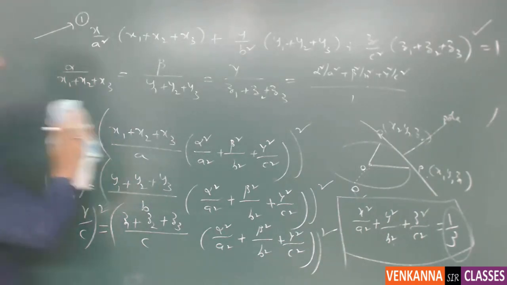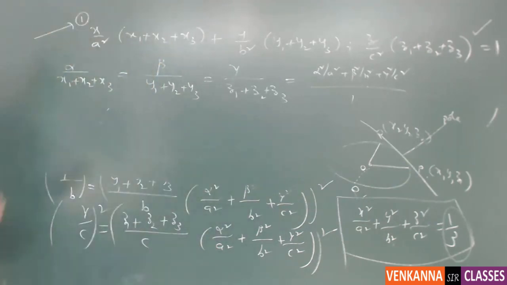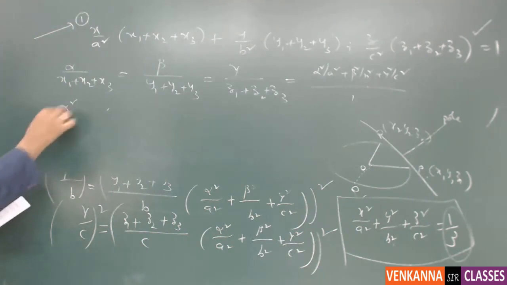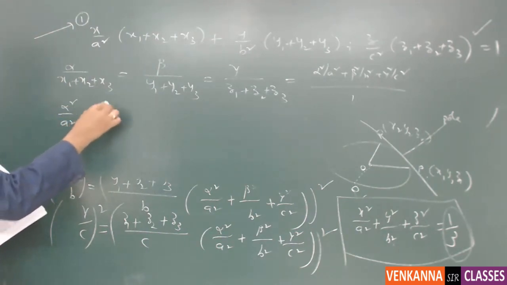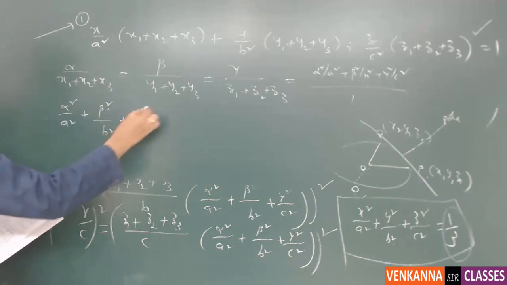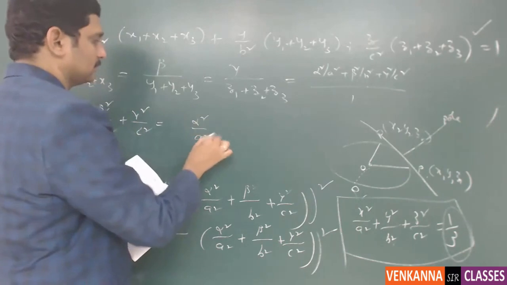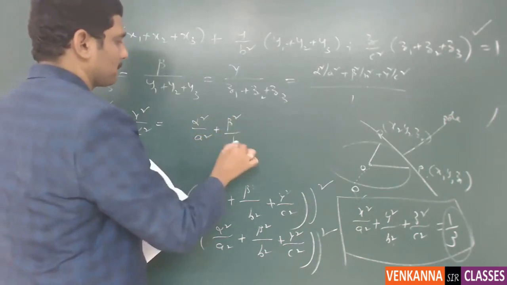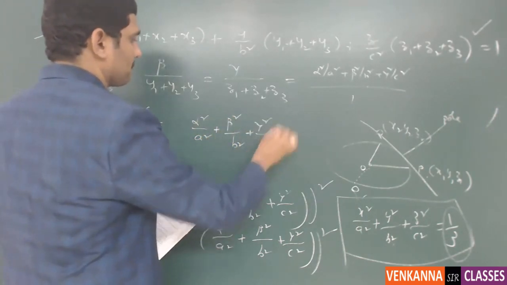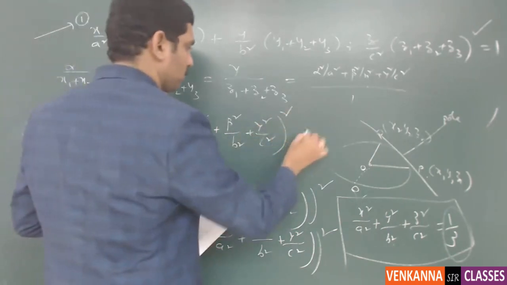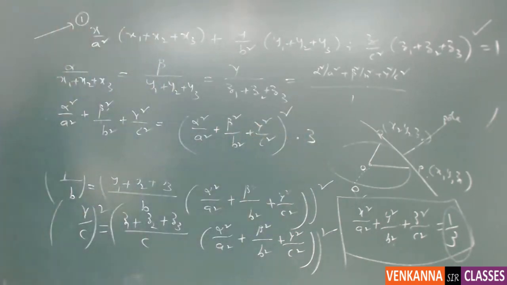So I will say that you will get alpha square by a square plus beta square by b square plus gamma square by c square is equal to whole square into 3. So the square gets cancelled, and the value is nothing but 1 by 3.